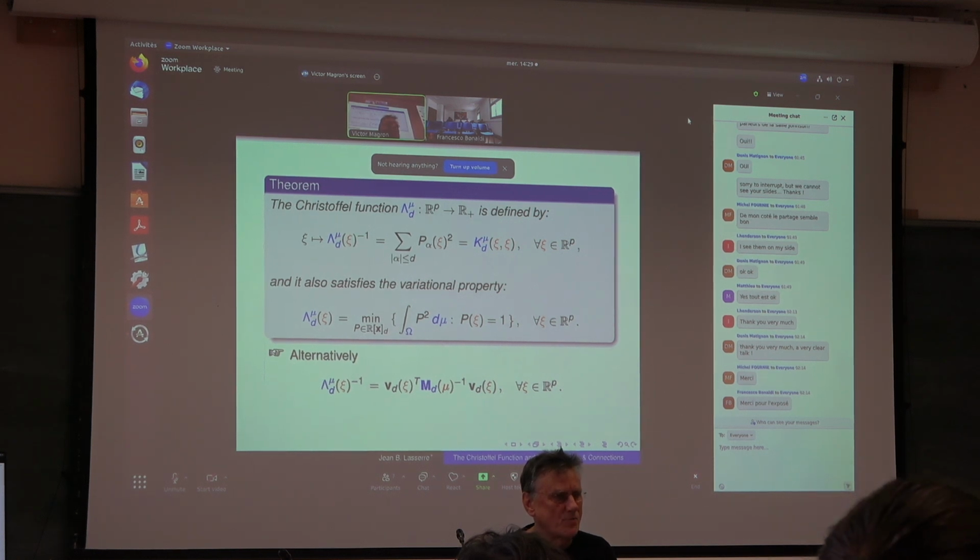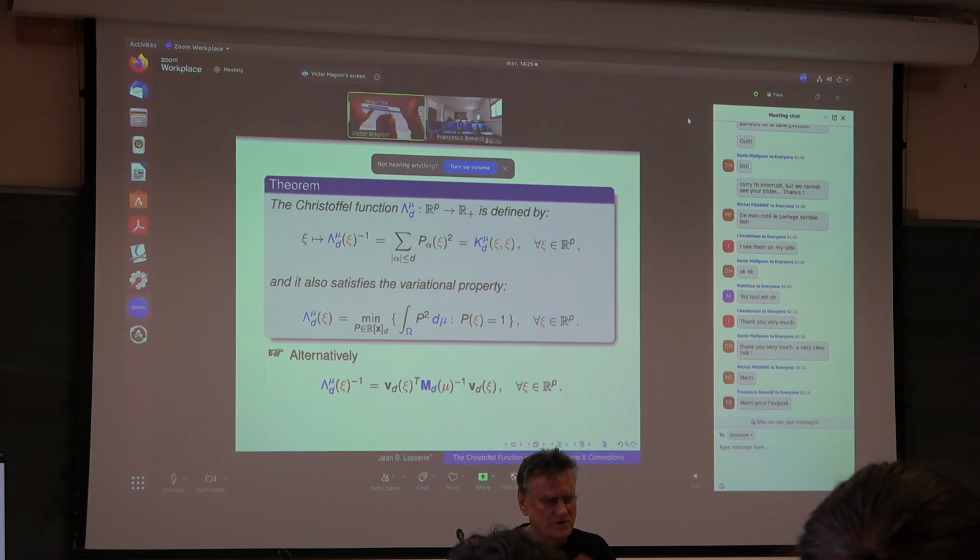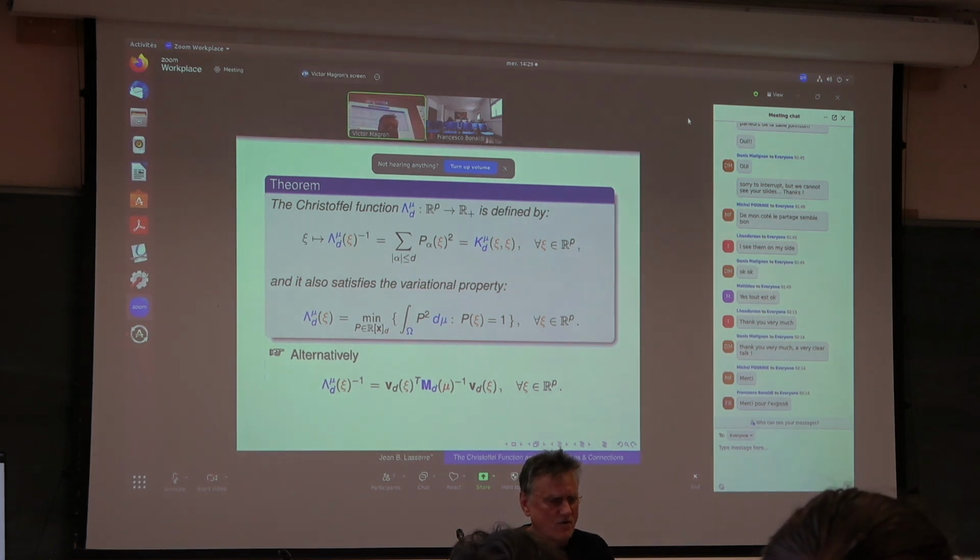And this is also another way to define the Christoffel function. Or, and we have seen that before in the slides, the inverse of the Christoffel function is just this moment matrix of mu. Take the inverse, multiply on the left by the vector of monomials up to degree d, and on the right by the same vector. So there are three ways of defining the Christoffel function.